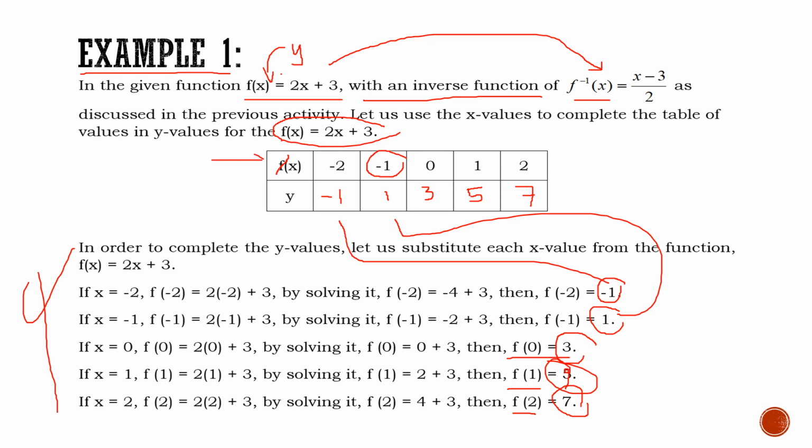So this value is your x or your domain values. This value is your range in your original function. We can say that this is your f of x, because f of x can be equal to y in your original function. Now, as you can see, the given domain values are x from negative 2 to positive 2, and f of x, or your y, which is your range, is negative 1, 1, 3, 5, and 7.